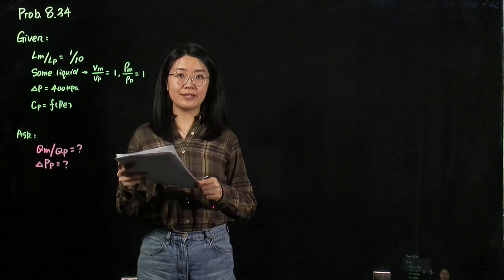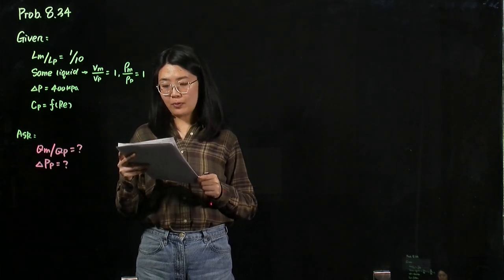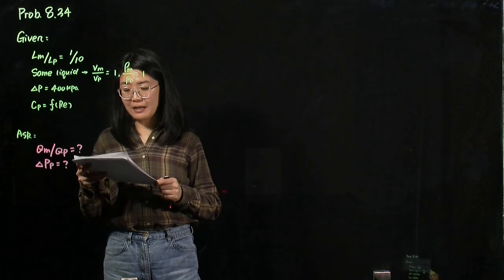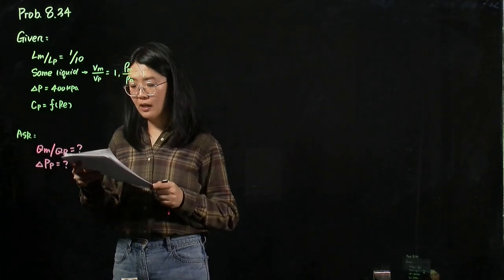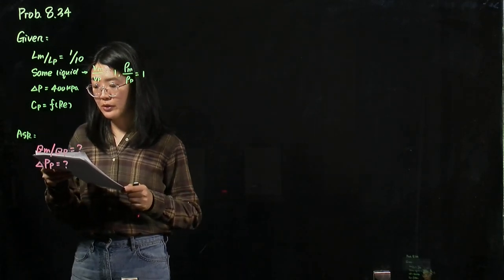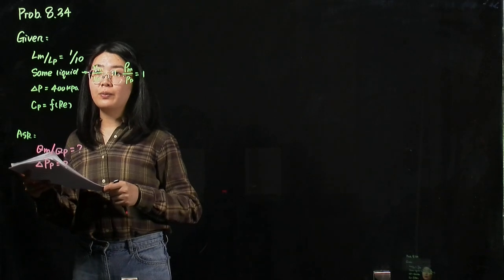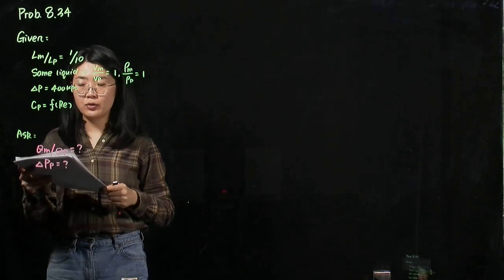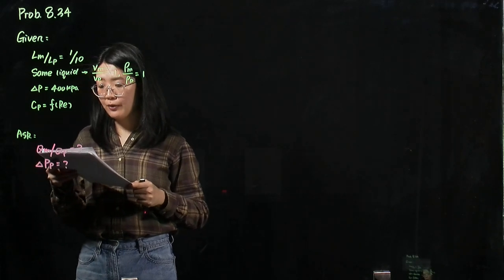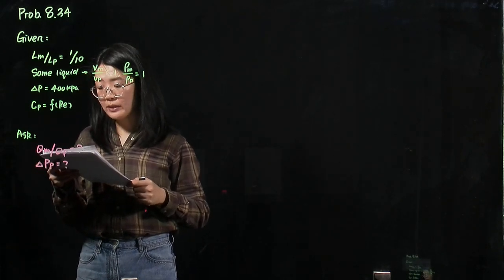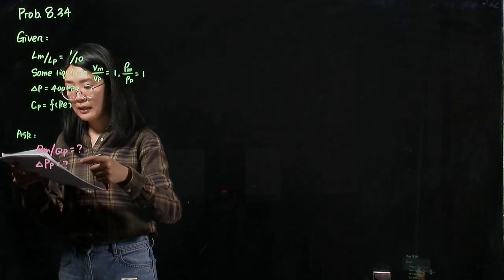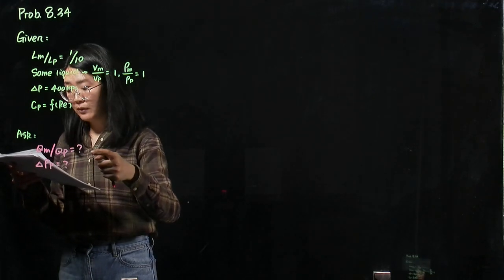Now let's take a look at the second problem. In this problem, a large venturimeter is calibrated by means of a 1/10 scale model using the prototype liquid. So Lm divided by Lp equals 1/10. The first question is, what is the discharge ratio for dynamic similarity?